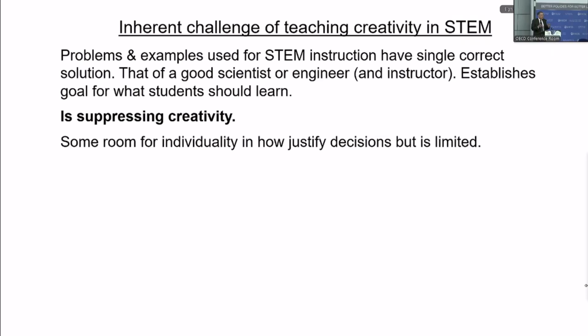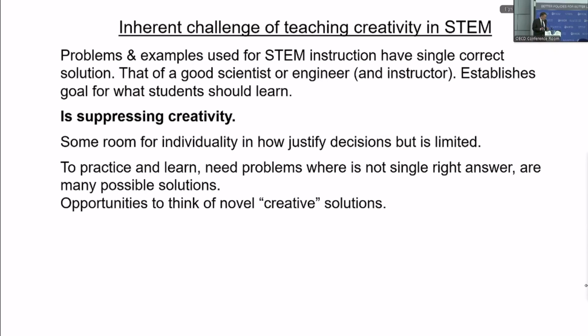And there's a little bit of room for individuality sometimes in how to justify these problem-solving decisions, but it's really quite limited. And so in practice, to learn to think creatively, you have to come up with problems that don't have a single right answer, that have many possible solutions. And so the students have opportunities to come up with their own novel, creative solutions.